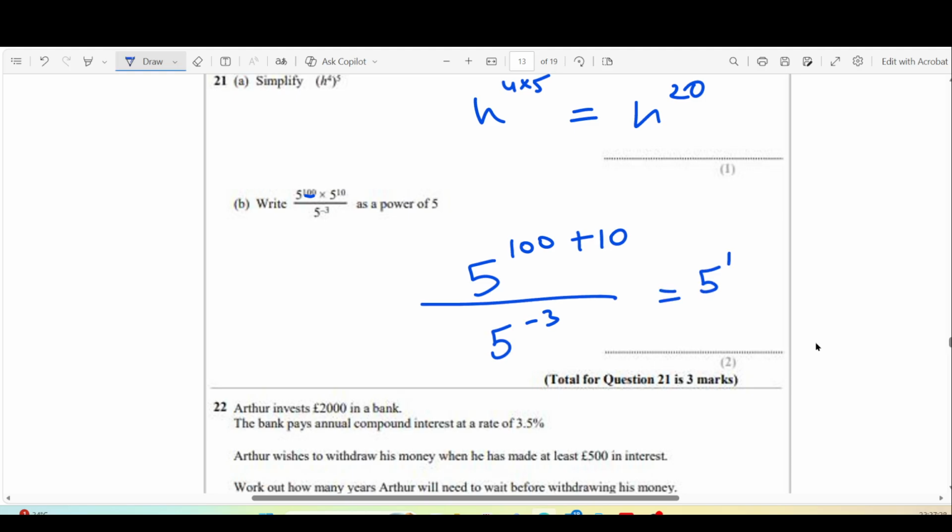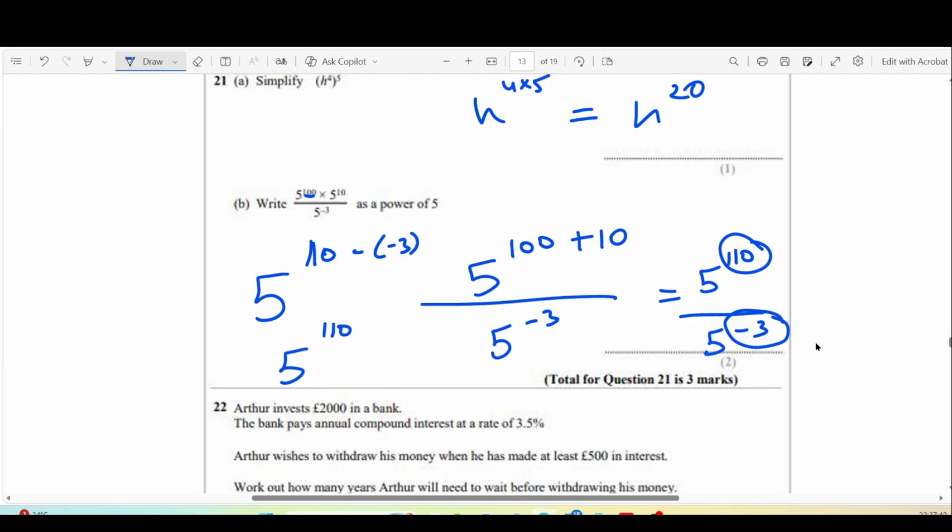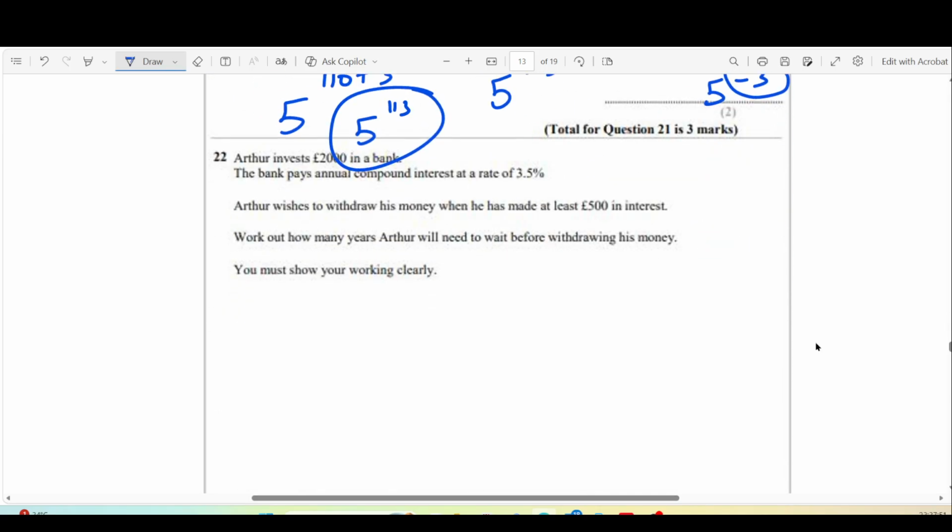So this will become 110, then we have negative 3. Again we have the same base 5. Now the powers will get subtracted. So we subtract 110 minus negative 3, which will become 110 plus 3. Negative negative is positive. So the answer is 113. 5 to the power 113. Clear?